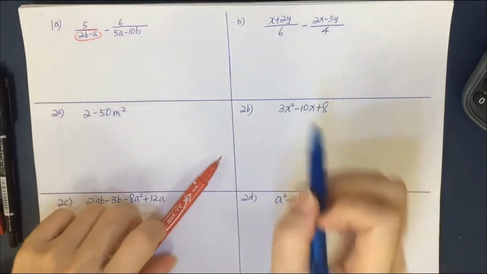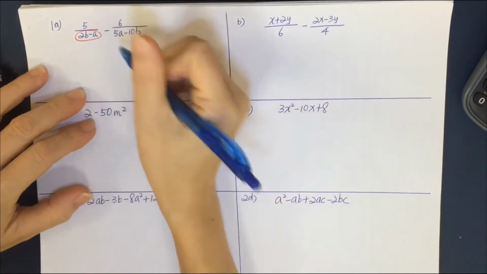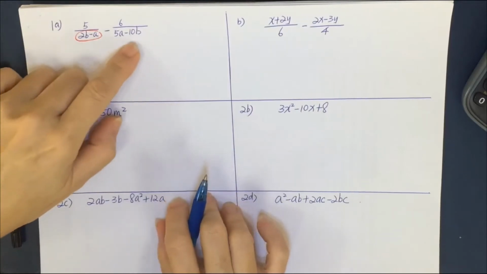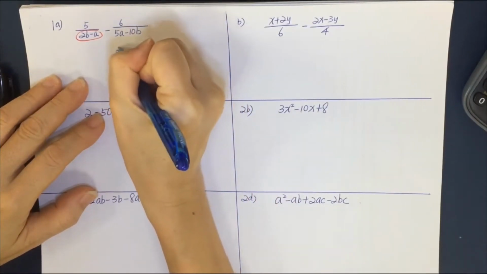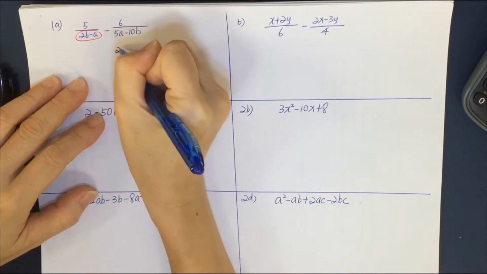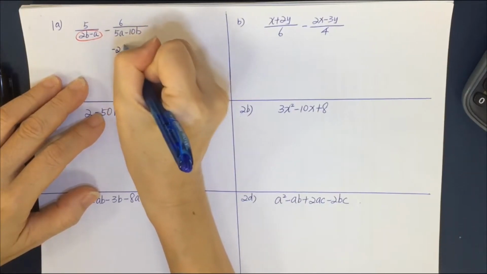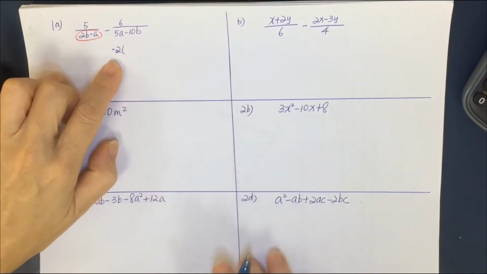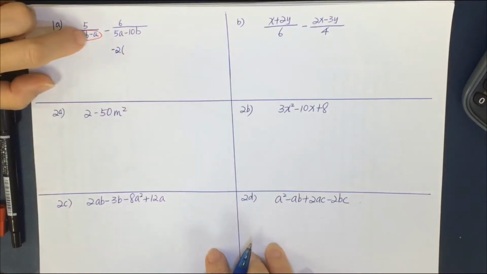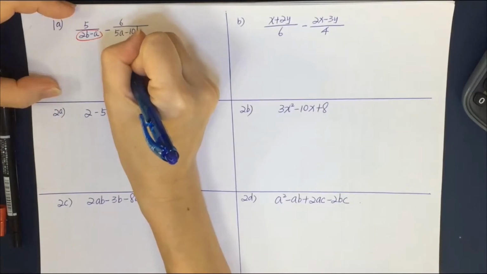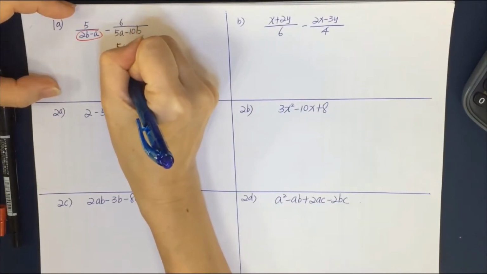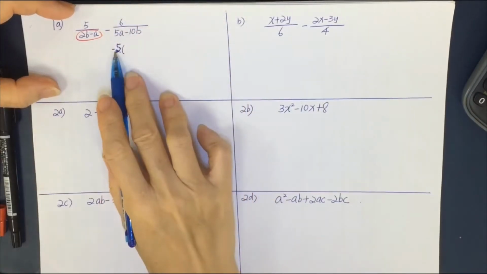If you look closely, in the 5a minus 10b, if you were to bring a 2 out, I bring a negative 2. Why do I bring a negative 2? Because I see this is 2b. I want to make this also, no, sorry, the common factor is 5. Okay, negative 5, my apology.